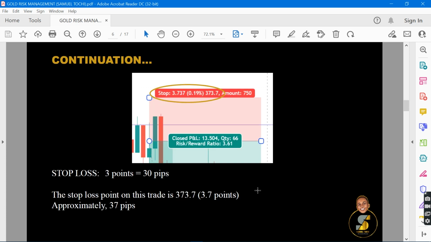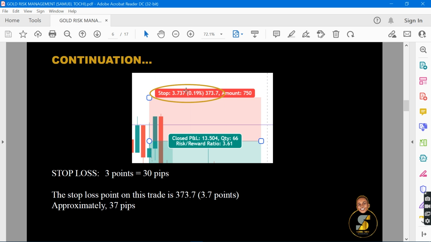Now, for the stop loss, if you watched my previous video, or if you are yet to watch it, click on the icon above to go watch the video on how to calculate pips on gold. You will notice the stop loss is about 3.7 points. Remember, 3 points equals 30 pips.